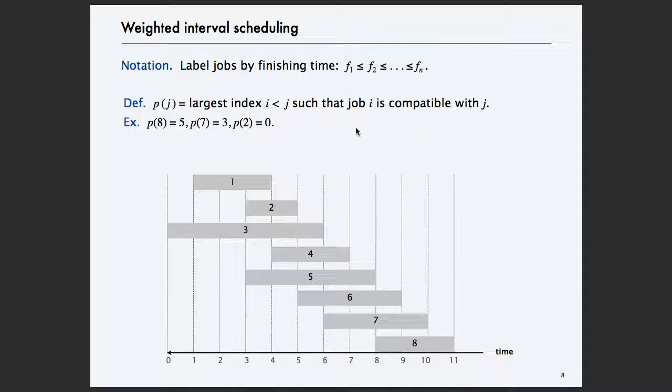If I don't include 8 in the solution, I'll get OPT of 7. That's the weight. Does that idea make sense? So at any given time, I just compare those two and decide which one's better.